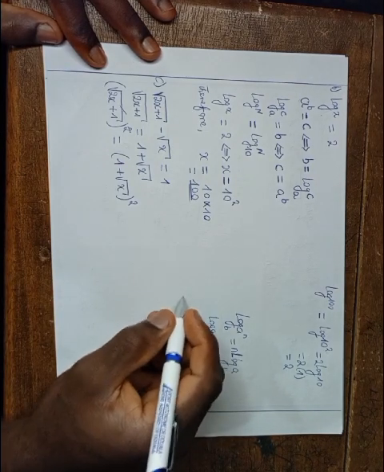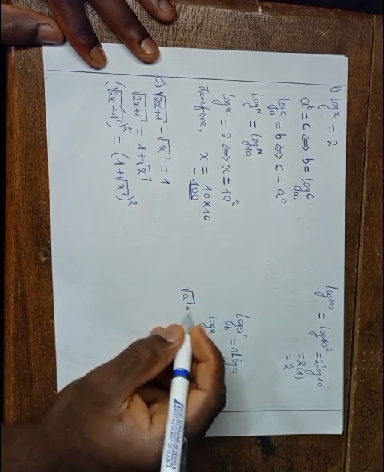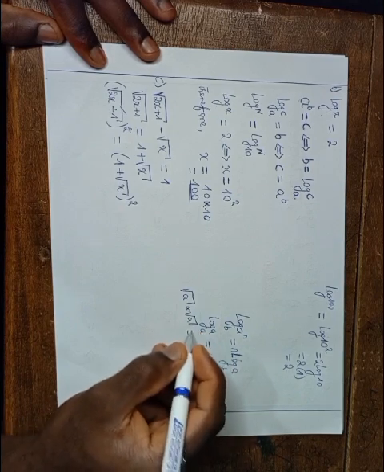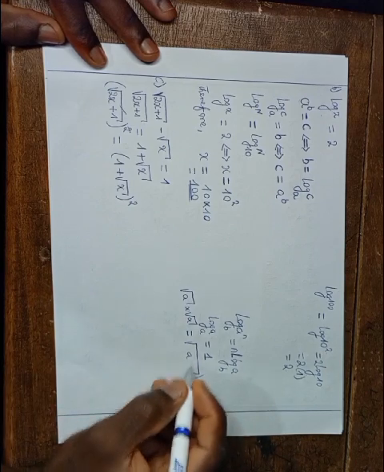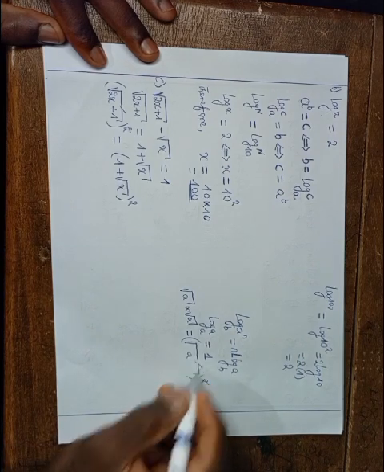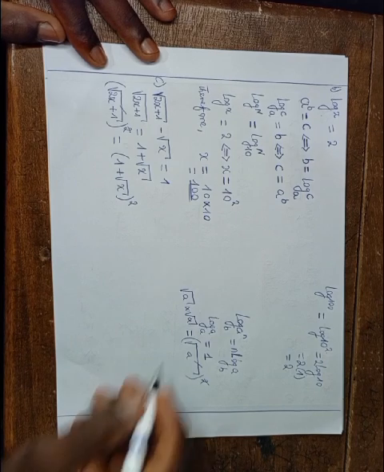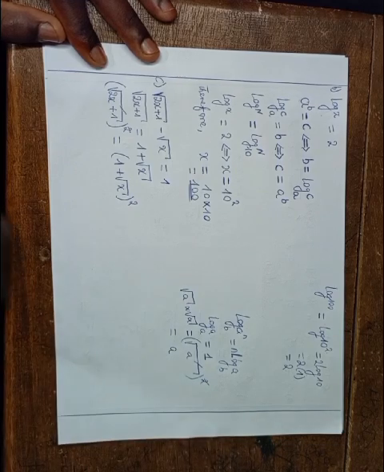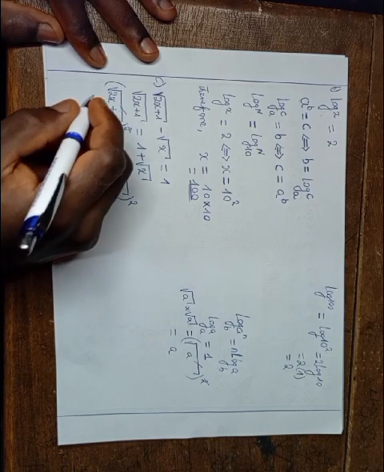Remember, if you have a number, for example, let's say we have root a times root a, it is simply the same as the square root of a, all this squared. This and this will cancel. It gives us a.